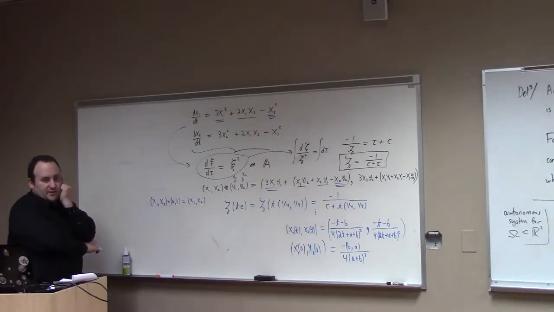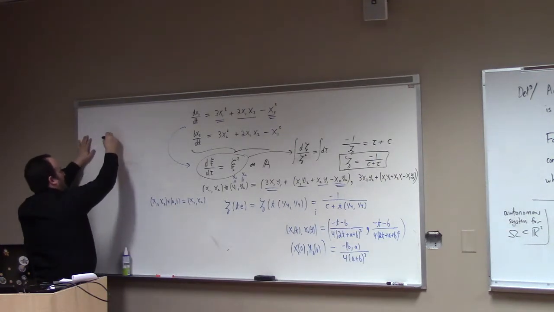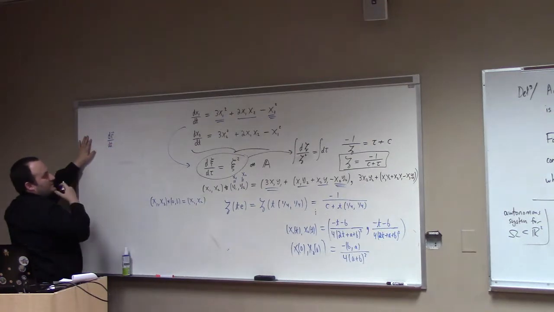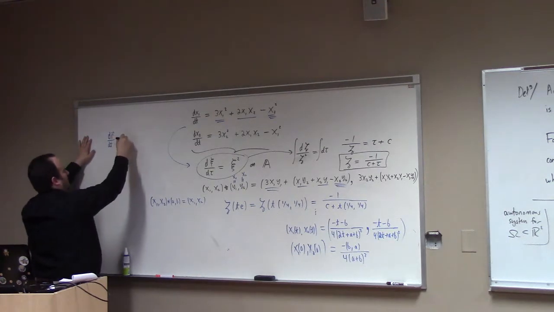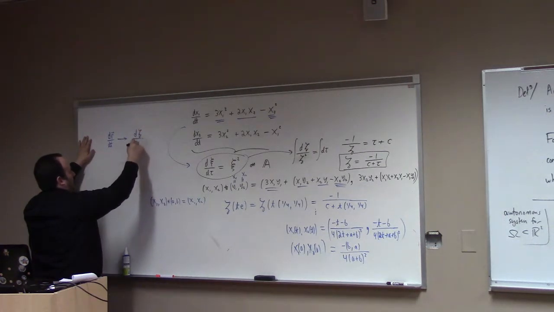So it seems like the modus operandi, if you will, is something like this: if we have dr dt, right, that's going to transmorph into something like d zeta d tau, right?